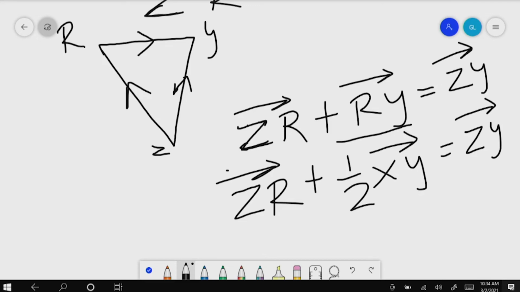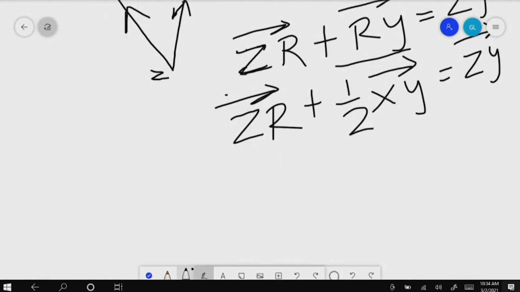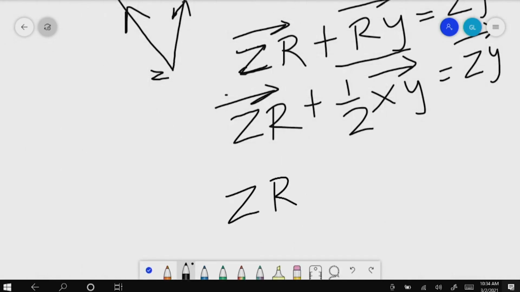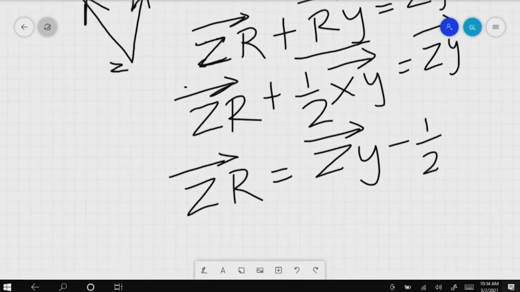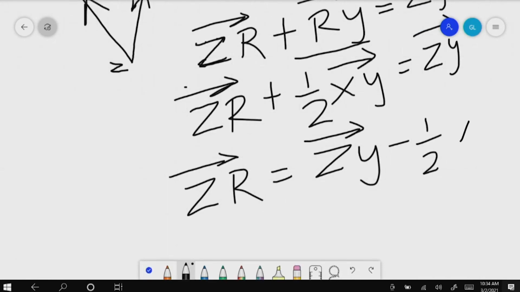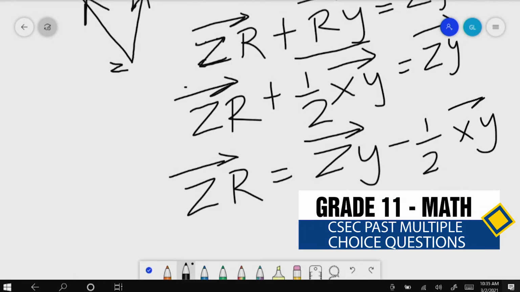In finding for ZR, that is vector ZR, would have been equal to vector ZY minus half of vector XY.